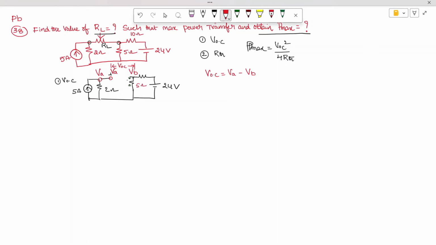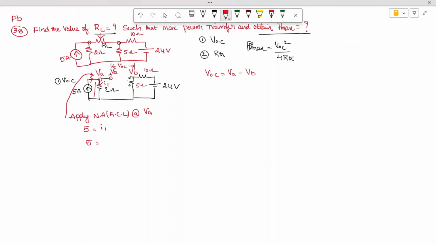Let us see how to find these. In this branch 5 amperes current is entering, and in this branch current is leaving. Let's mark this current as I1. To find the value of VA, apply nodal analysis or Kirchhoff's current law at node A. The entering current is 5 ampere, and the leaving current is I1.